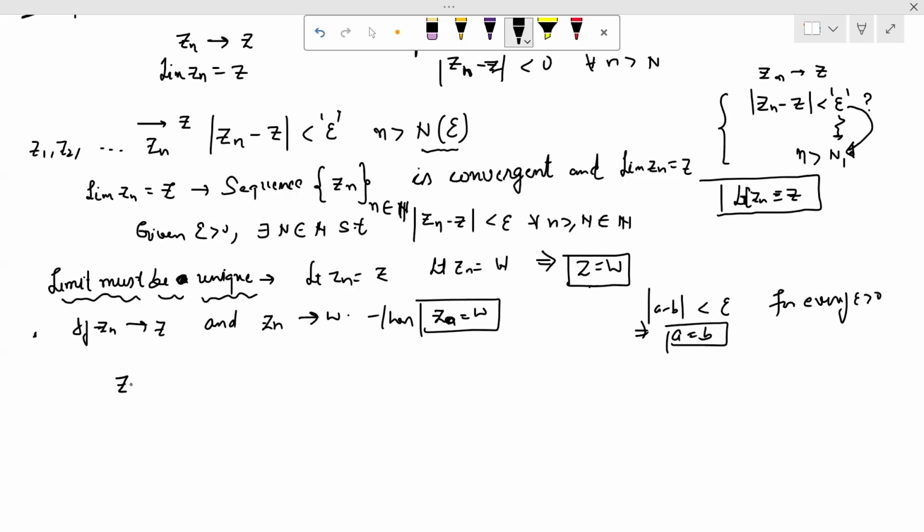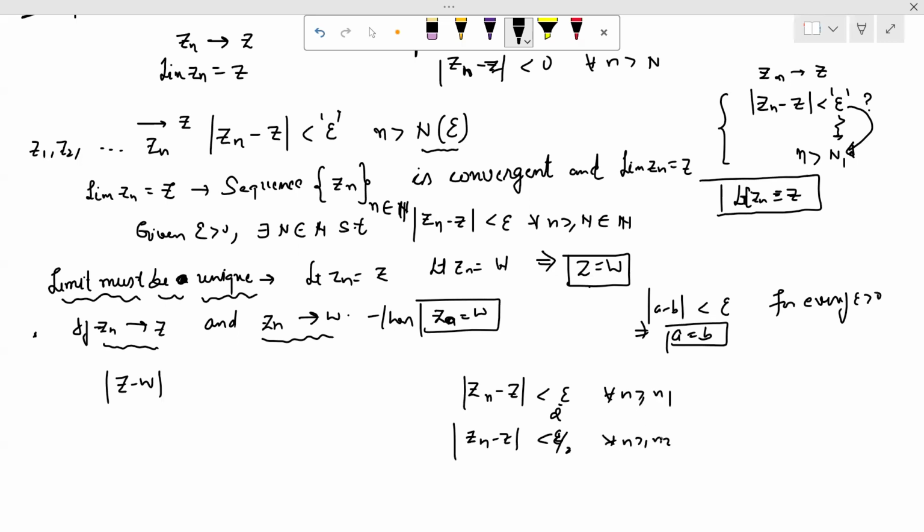Let us try to find the absolute difference between Z and W. Already it is given that Zn converges towards Z, and that Zn converges towards W. So I'll write that |Zn minus Z| can be made less than epsilon by 2 for all n greater than or equal to some n1, and |Zn minus W| can be made less than epsilon by 2 for all n greater than or equal to some n2.